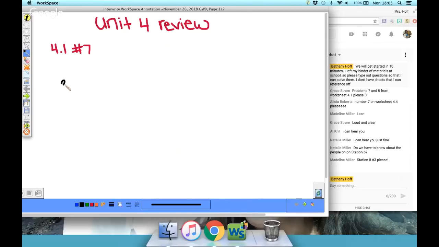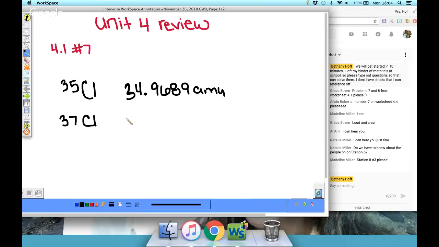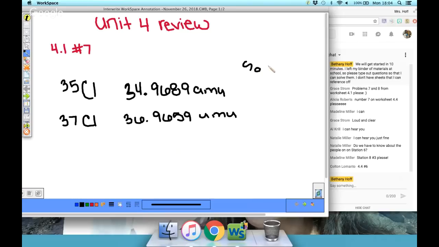We have chlorine 35, which has an atomic mass of 34.9689 AMUs. And then we have the isotope chlorine 37, which has an atomic mass of 36.9659 AMUs. And we're trying to find the percent abundance.